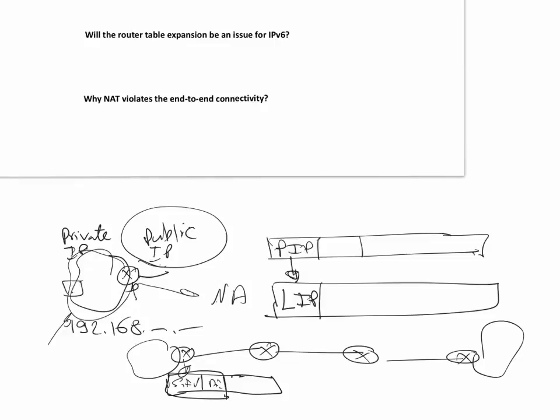So all of a sudden you lose the end-to-end connectivity. You don't know which host in this LAN sent this packet. You know that this network sent this packet using the public IP, but the public IP does not refer to which host in the LAN sent this packet. So you lose the end-to-end connectivity, and that violates the uniqueness of IP address.